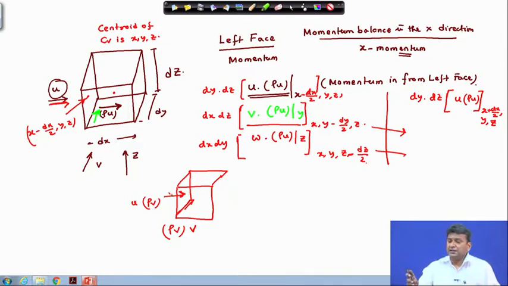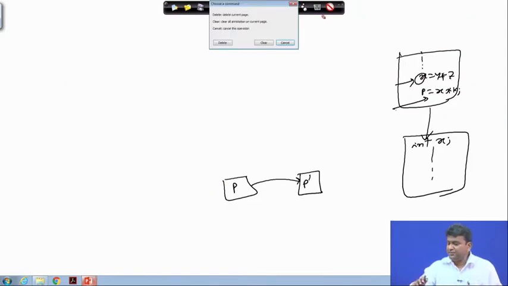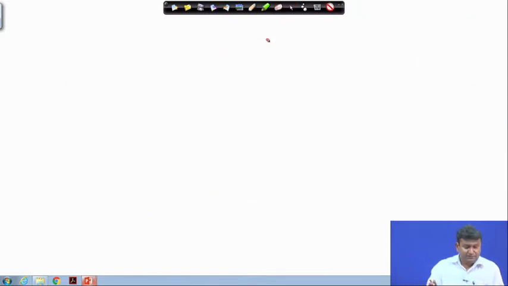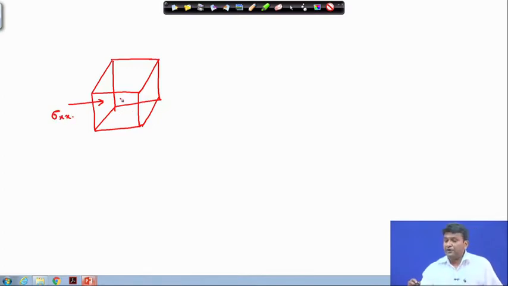So, once this is done, now we need to worry about the individual stress terms, and so again if we look into the x component balance, what we have is a normal stress acting over here, because of the x directional flow.